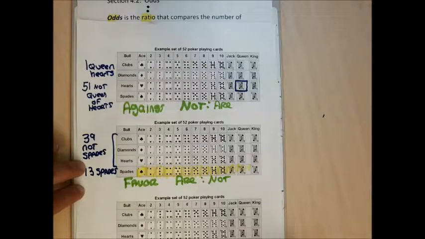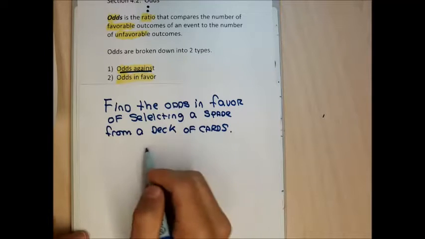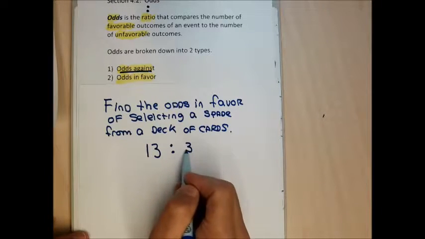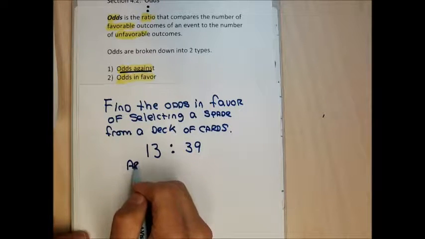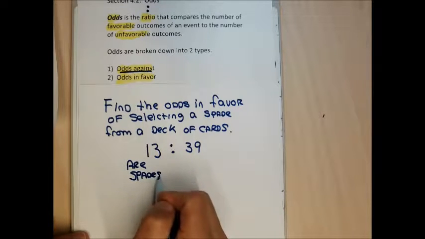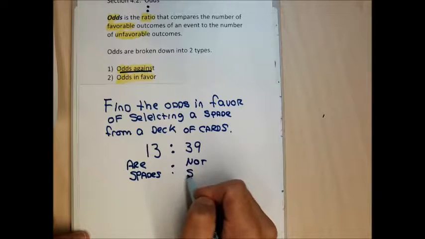So the odds in favor of picking a spade from a deck of cards is going to be 13 to 39. This separates the deck into the cards that are spades and then are not spades.